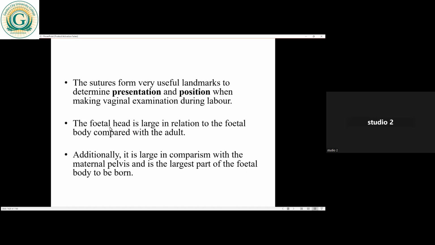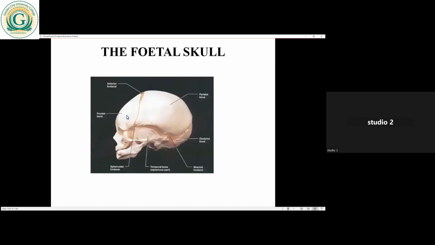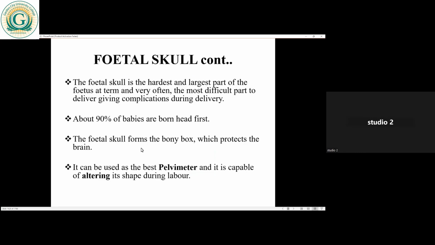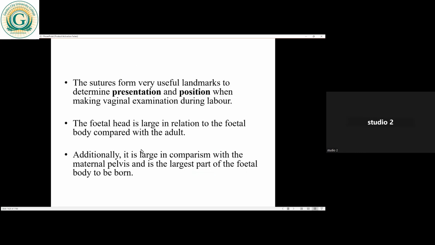These are the frontal bones. These are the parietal bones, they are 2. These are the occipital bone and these are the mastoid bones. So when you count them, the vault bones are 7 in number.